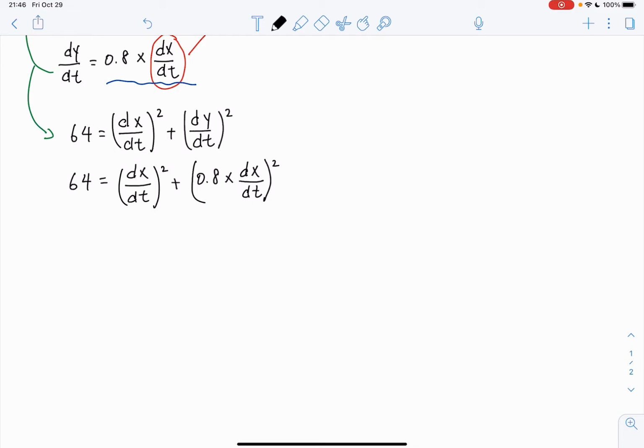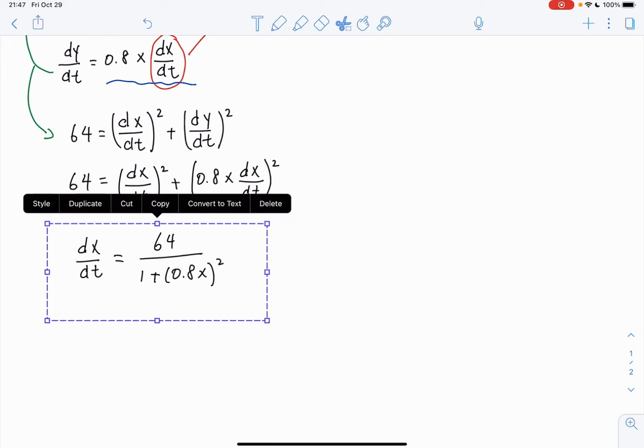Solving this one, dx over dt would be equal to 64 over 1 plus... Let me go step by step.